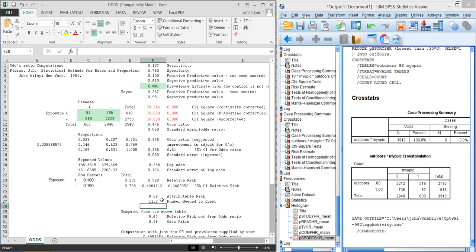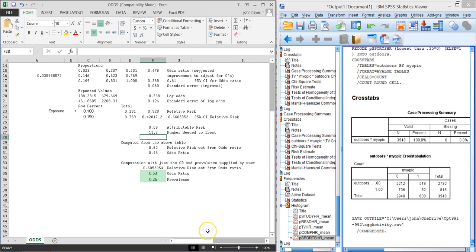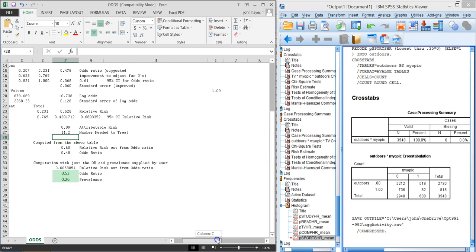So that's the number needed to go outside in order to save one case of myopia.